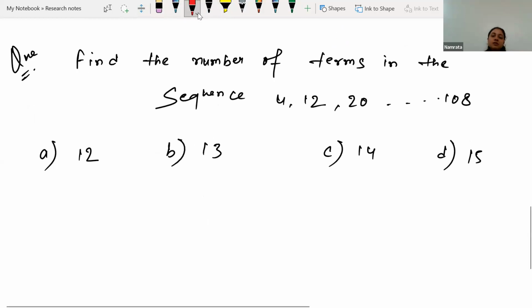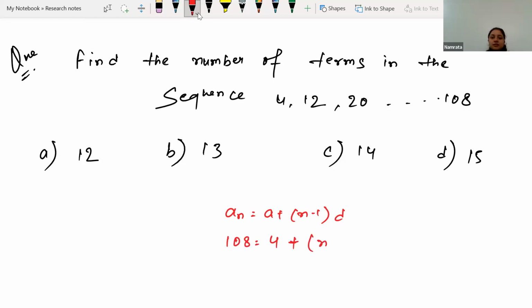Which formula? An is equal to a plus n minus 1 into d. What is An? What is a? What is n? What is d? 108 is equal to 4 plus. What is n? We have to find n, right? Right, Lena? Yes, ma'am. And the common difference? 8. Let's solve it quickly.